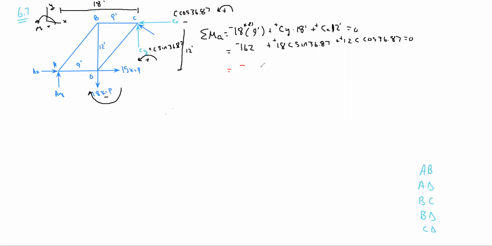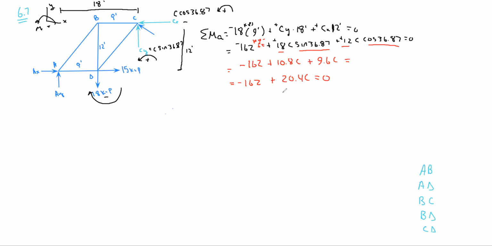If we do the arithmetic, that's a negative 162 kip feet. 18 times the sine of 36.87 is 10.8. 10.8 times C. And 12 times cosine of 36.87 is 9.6 times C. 10.8 plus 9.6 is 20.4.